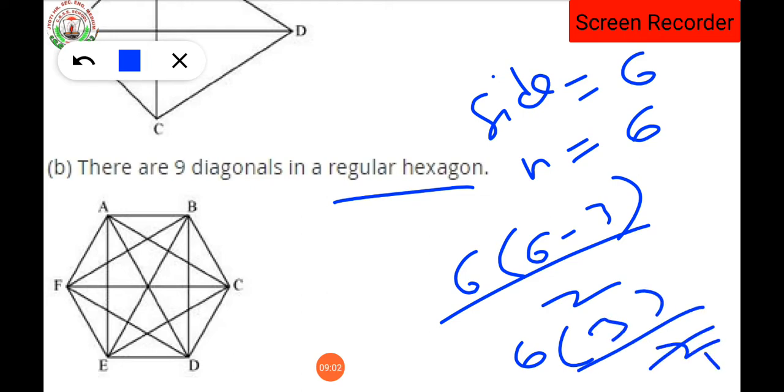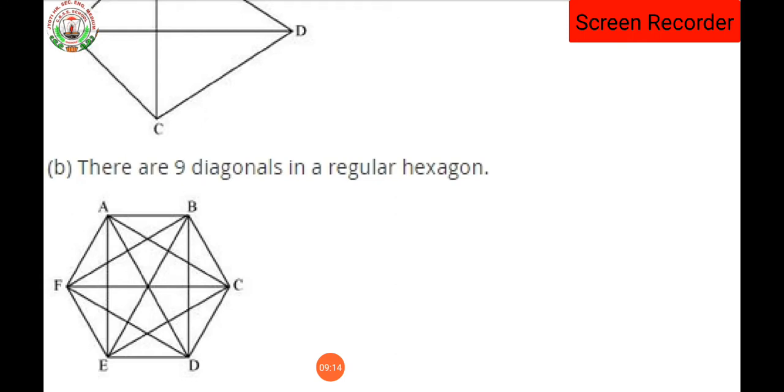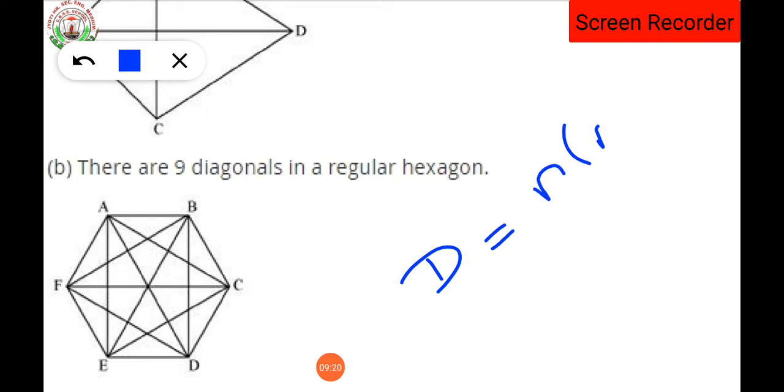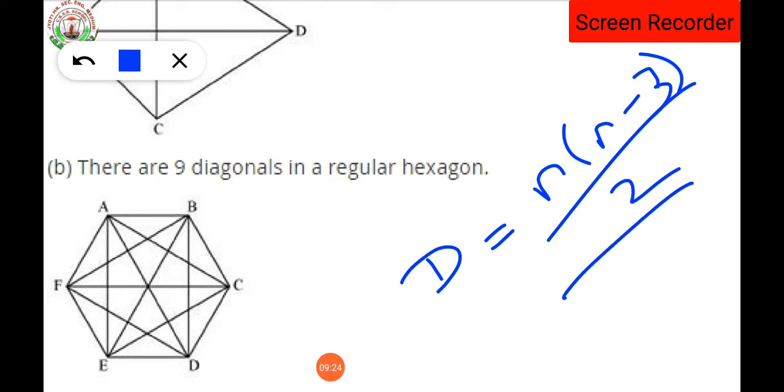So 6 gets cancelled by the table of 2. How many times? 3 times. So 3 into 3 is 9. So in this way, by the formula method also you can find the number of diagonals in a question. So again, the formula is n into n minus 3 upon 2. So this is the formula.